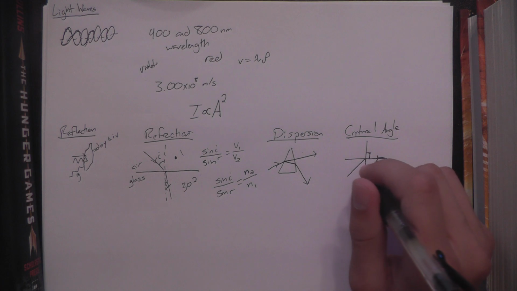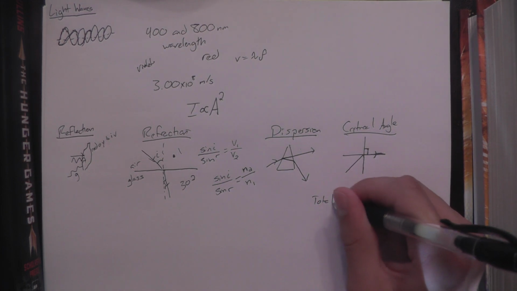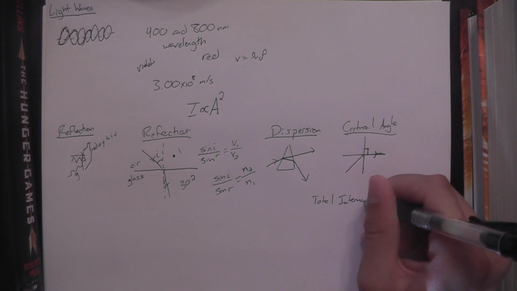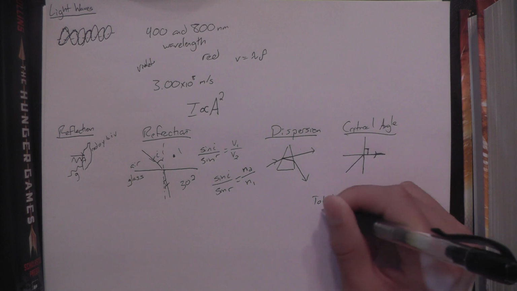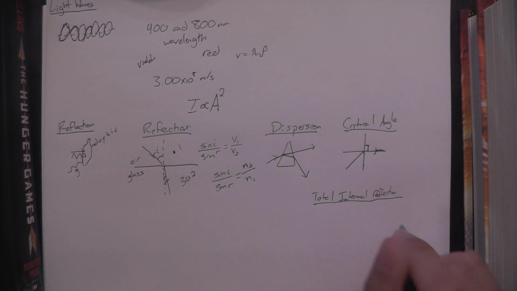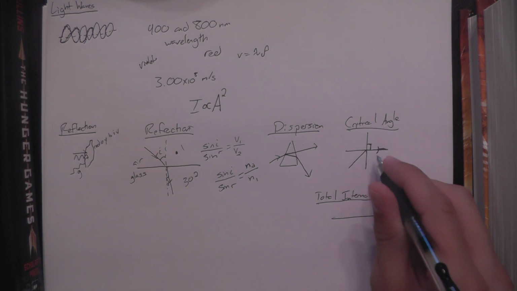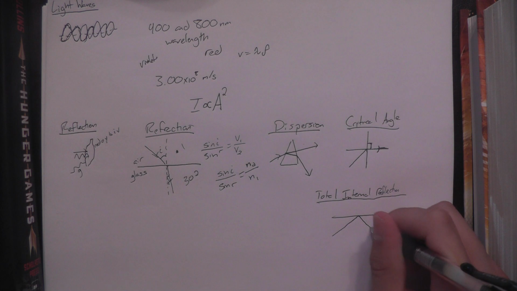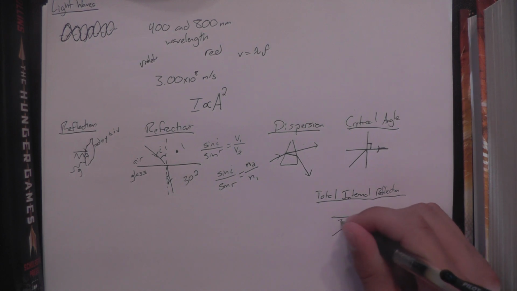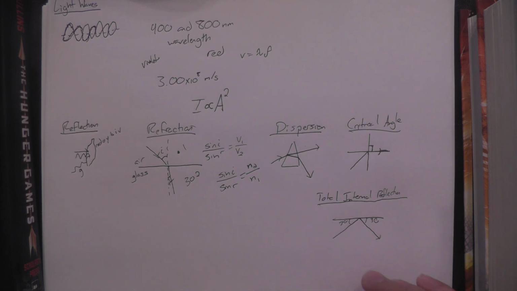When you exceed the critical angle, that is called total internal reflection. It doesn't even matter what you're shooting at anymore. That's what happens with mirrors. The critical angle of refraction is exceeded, and all the light is reflected at the exact same angle at which it came in. That's a 30, that's a 30. That is total internal reflection.